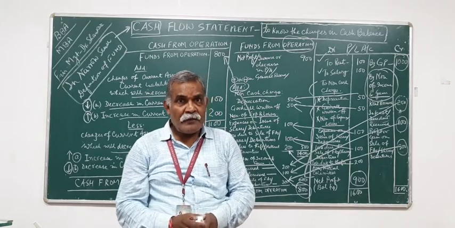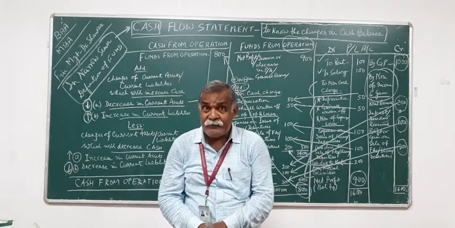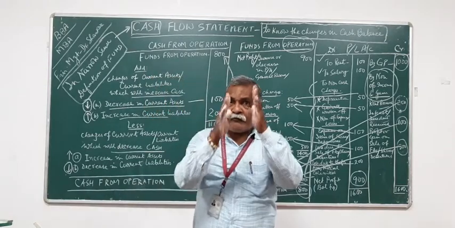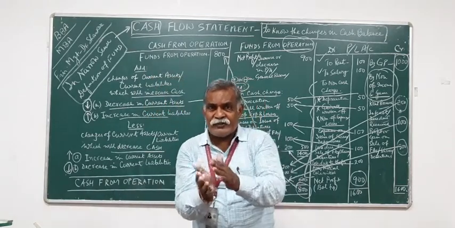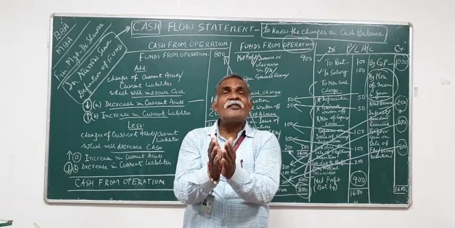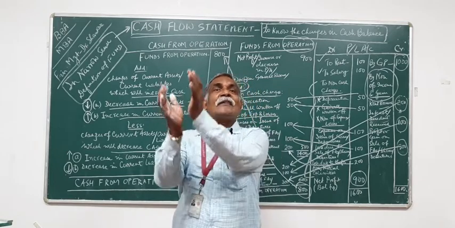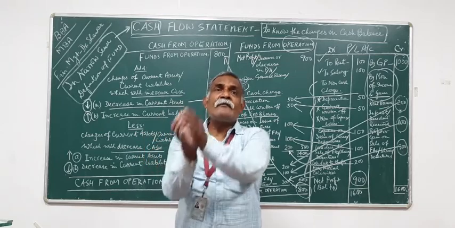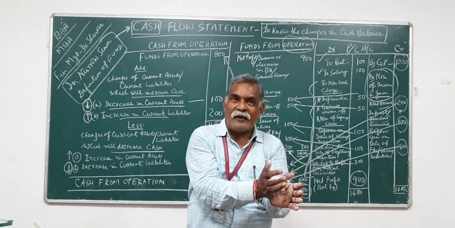Okay? It means you see the changes, you see the difference in fund. Now we will differentiate fund flow statement and cash flow statement. In fund flow statement, you consider the broad sense of fund. In cash flow statement, we have considered the narrow sense of fund.